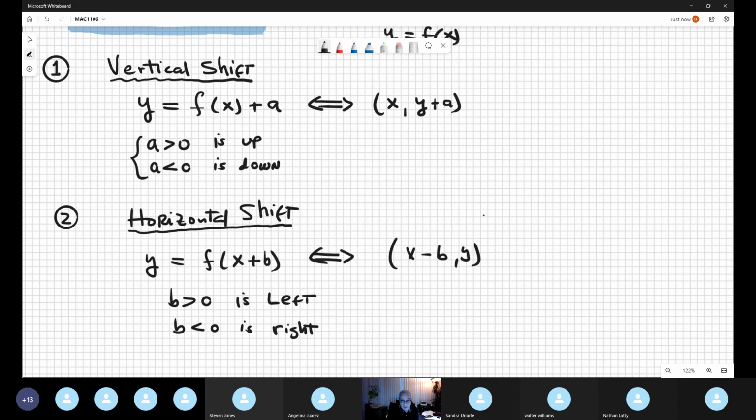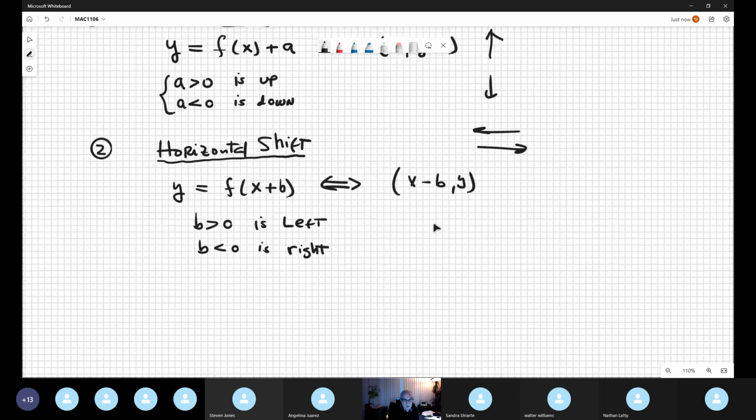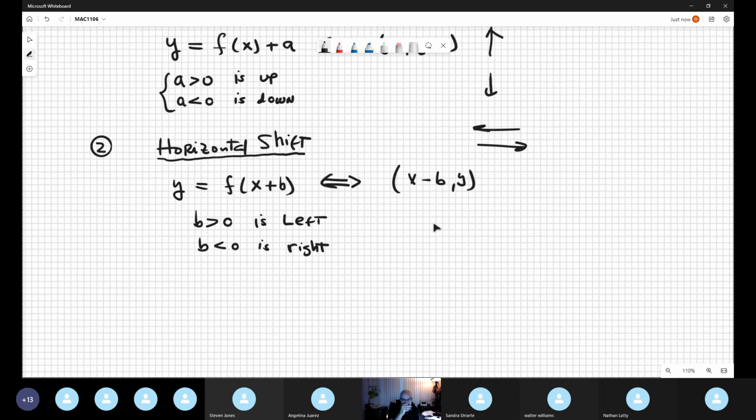Now the motion is in that direction, left or right. The motion in the previous case was in this direction, up or down. When you see the number you add inside the parentheses is positive, the motion is to the left. Unbelievable. I want to show you in the animation now. And when it's negative, it's to the right. Do you follow me?